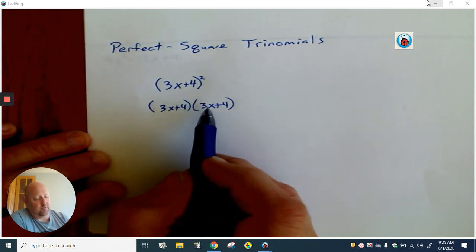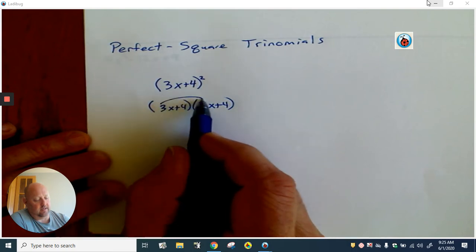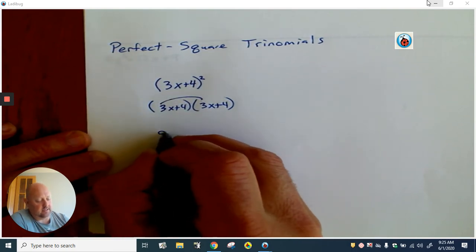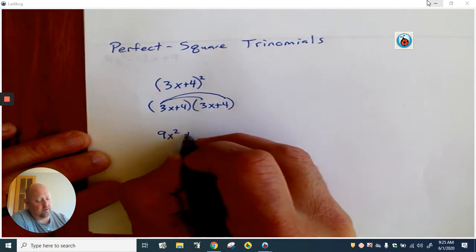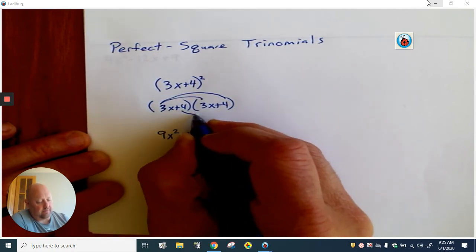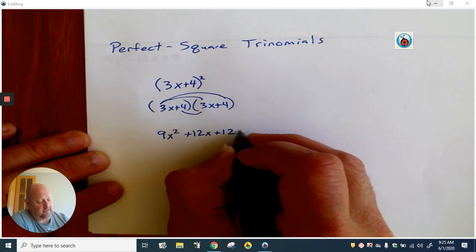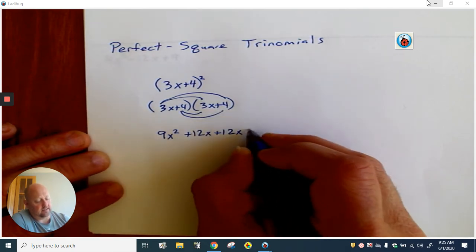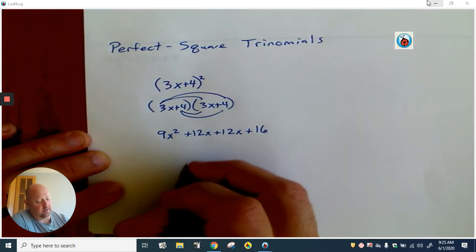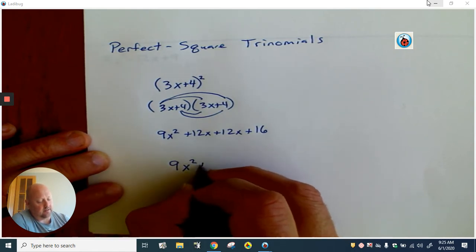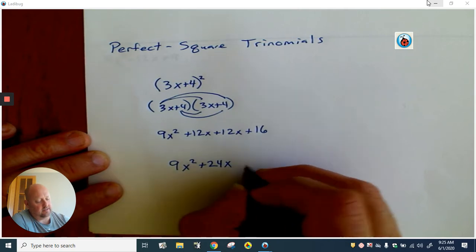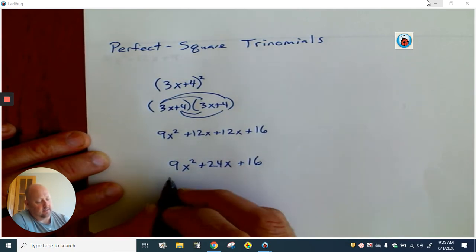When we FOIL this out, we get 3x times 3x is 9x squared. 3x times 4 is 12x. 4 times 3x is 12x again. And then we get 16, right? So what that combines to become is 9x squared plus 24x plus 16.